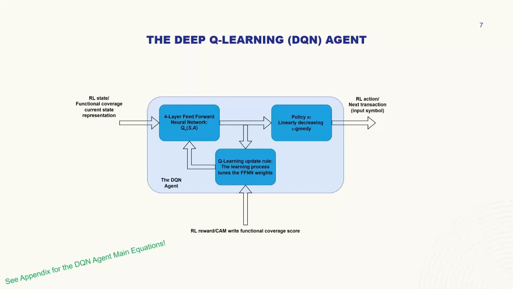Now you don't have to choose the action that gives you the maximum value of the action value function, because you need what we call in reinforcement learning also some exploration, apart from exploitation. When you exploit, you say, okay, this is the action that gives me the highest function, meaning the highest hit in the functional coverage, then I choose it.